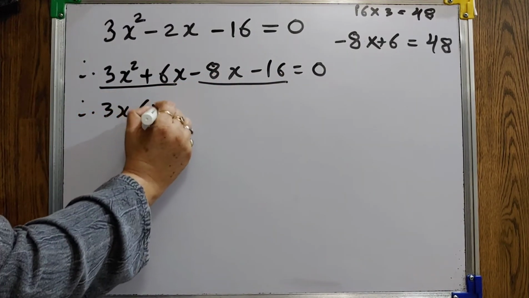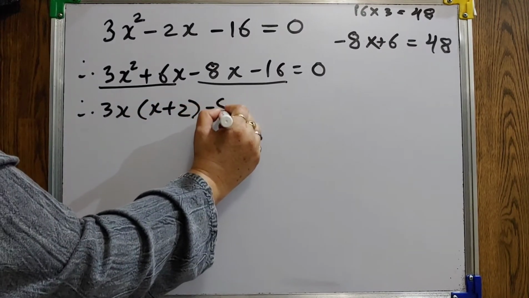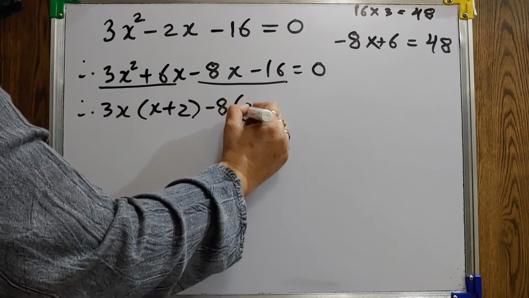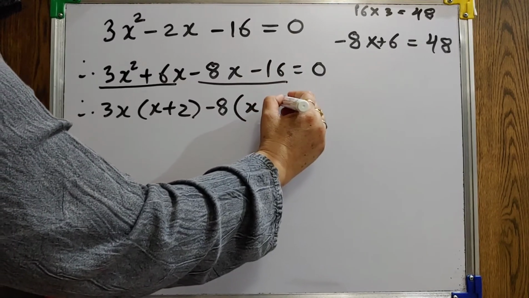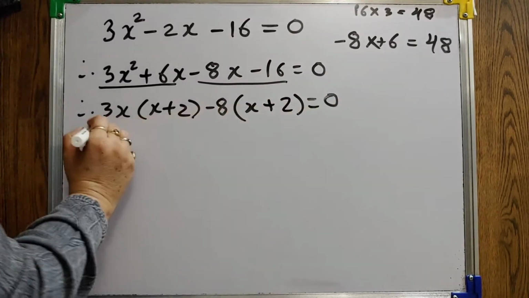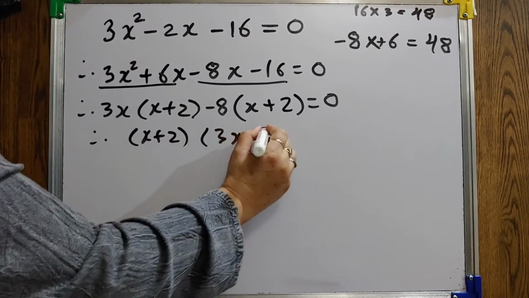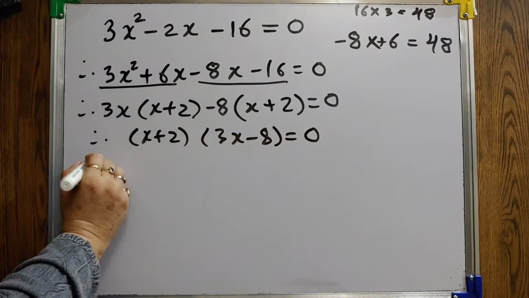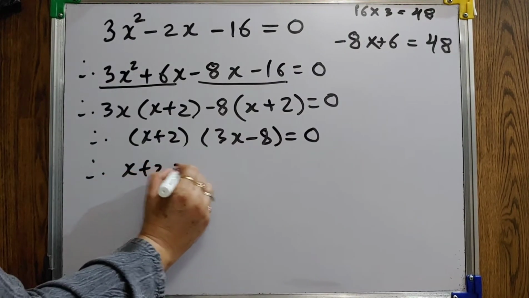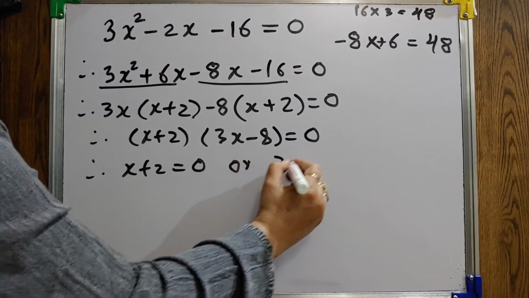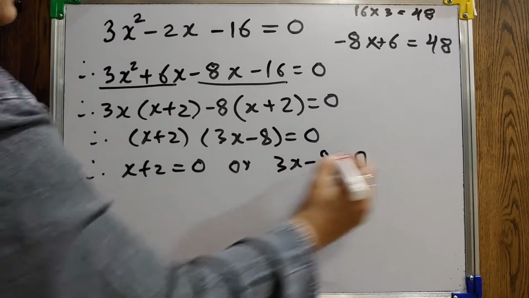Take 3x common, it will be x plus 2. Here take minus 8 common. This sign will change. 8 2s are 16. So one of the brackets is x plus 2, the other is 3x minus 8. So your x plus 2 is 0 or 3x minus 8 is 0.